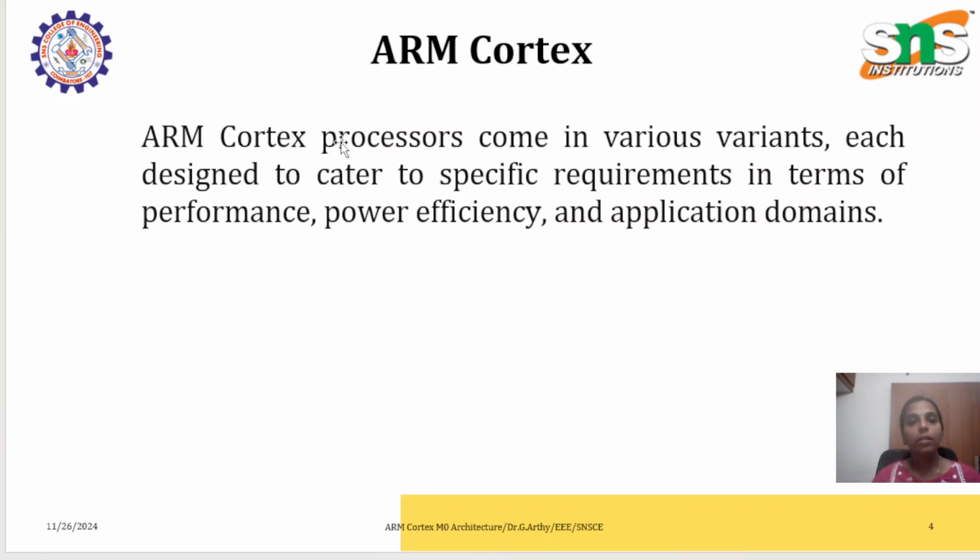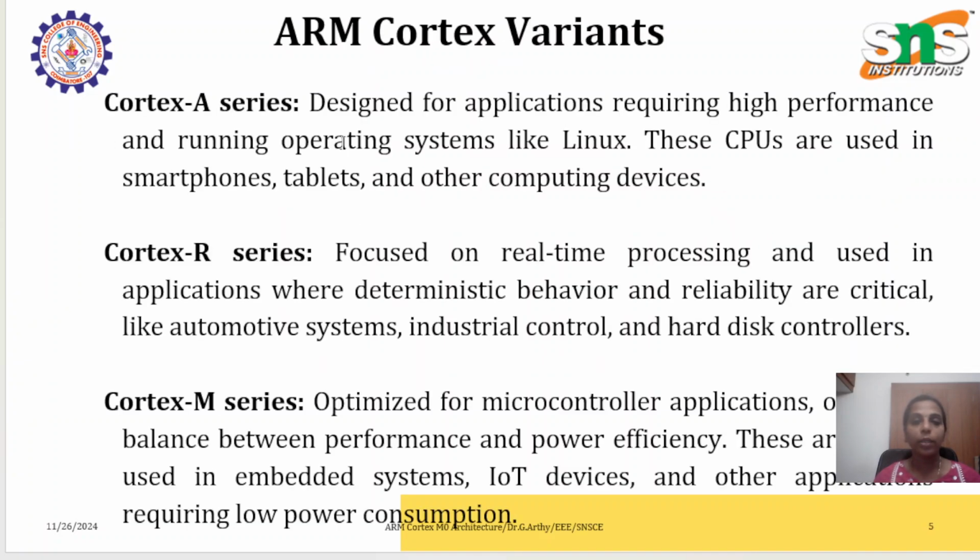So this is the reason why ARM was being used. Power efficiency is another factor. Because of its very good performance, even Apple was using ARM and ARM Cortex variants.